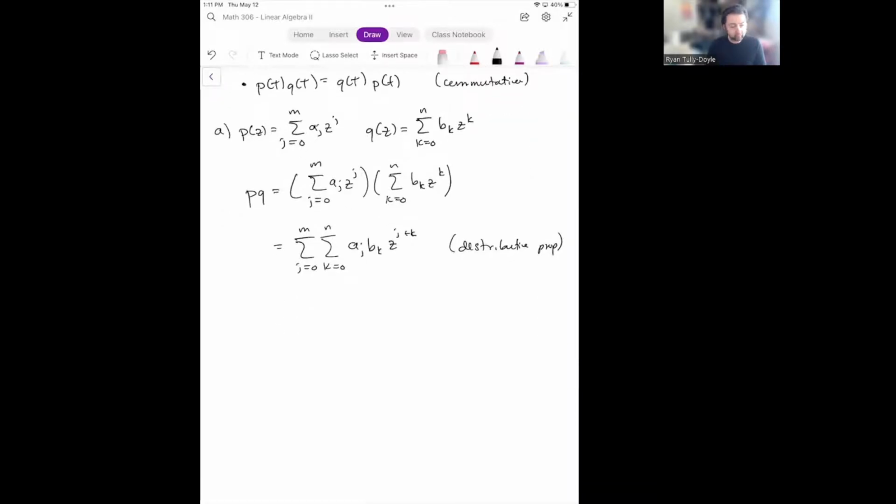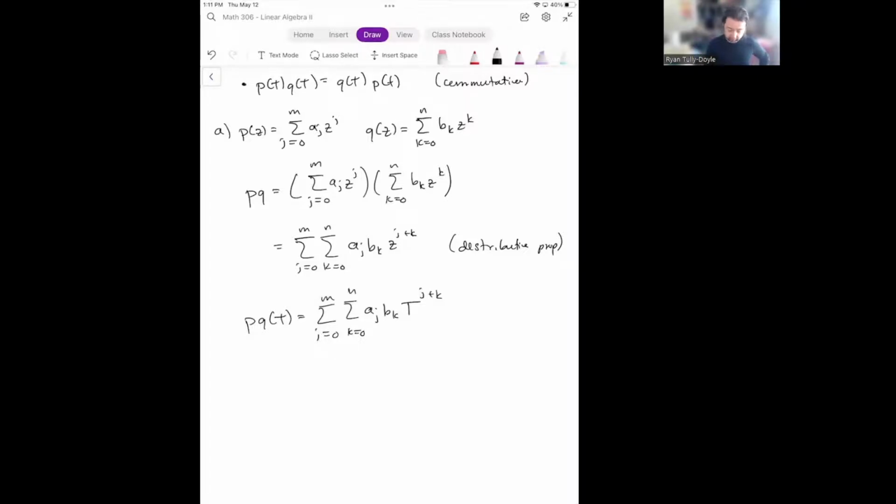And then the fact that we have that form for PQ as a polynomial means that I can actually apply T to it, and I'll get PQ of T is equal to the sum from J equals 0 to M, sum from K equals 0 to N of AJ, BK, T to the J plus K. Okay, and then the fact that we can take this back apart again.